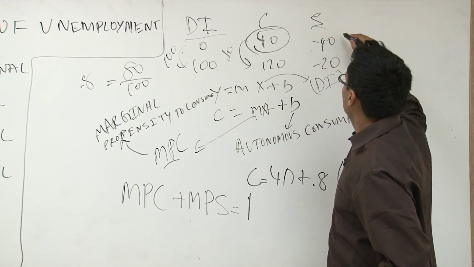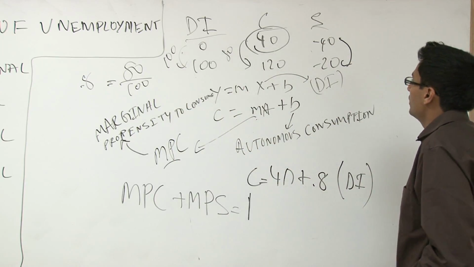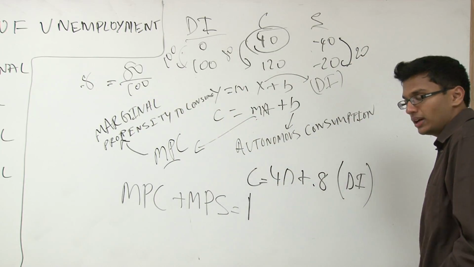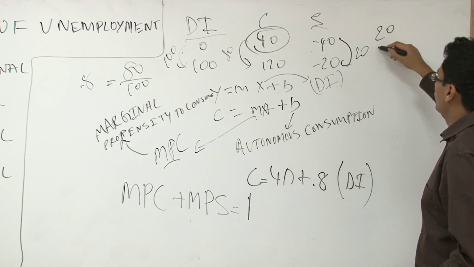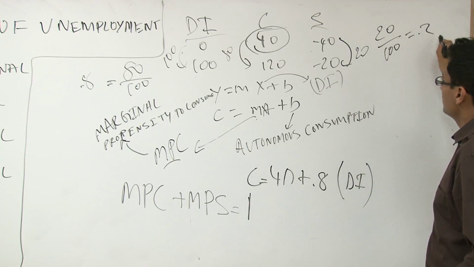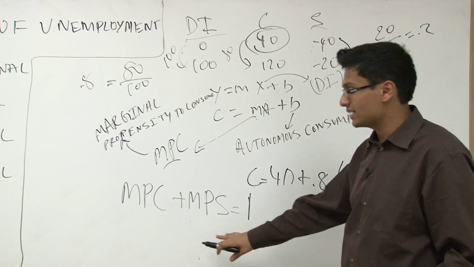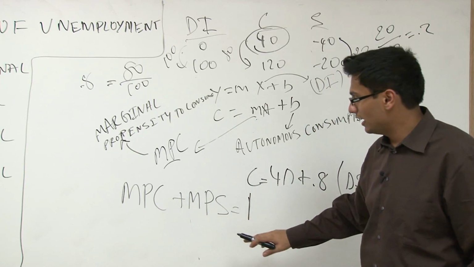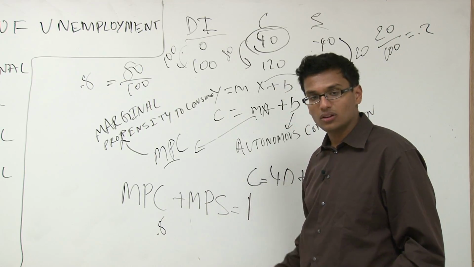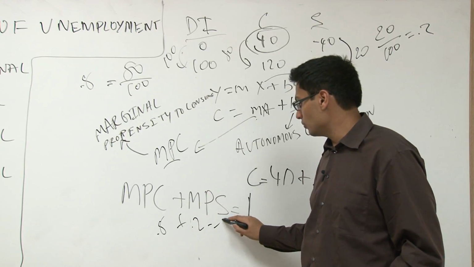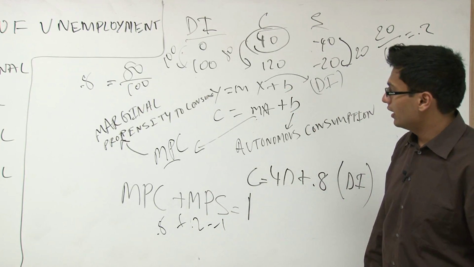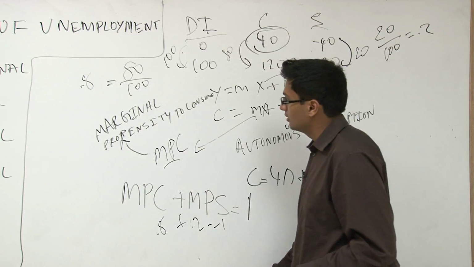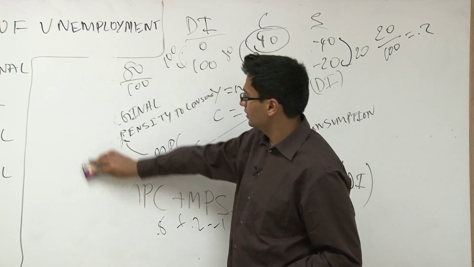In this case, my savings went down by 20. So 20 over 100 gives me 0.2, which I could have solved because MPC plus MPS is 1, MPC is 0.8, so MPS has to be 0.2 for it to equal 1. All right, so at this point, let me erase the board.